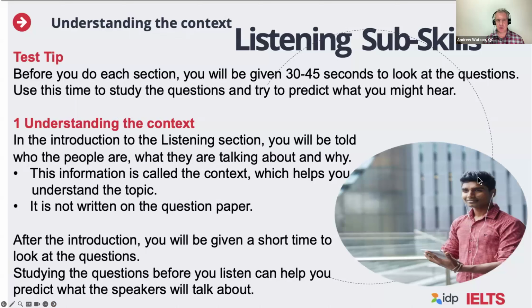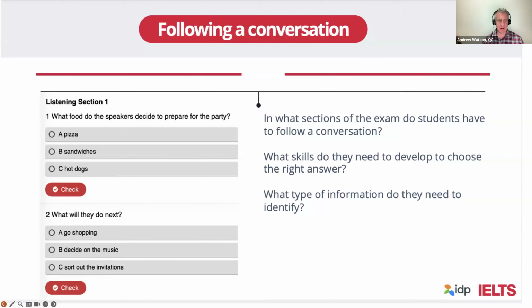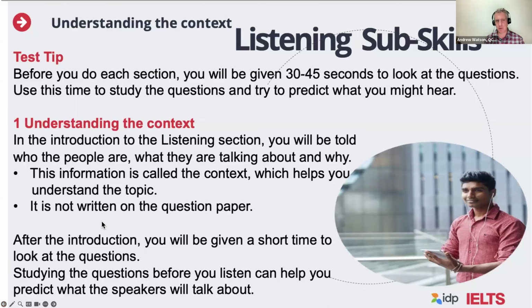So, understanding the context. The test tip here is the following. Before you do each section, the test takers have 30 to 45 seconds to look at the questions. So it's recommended they use this time to study the questions and try to predict what they might hear.